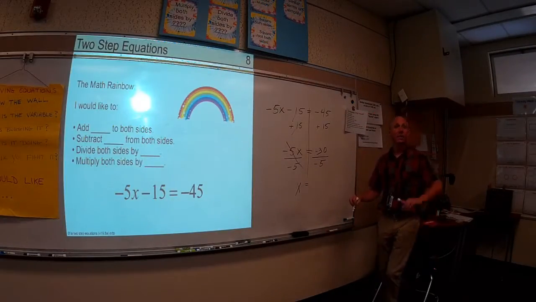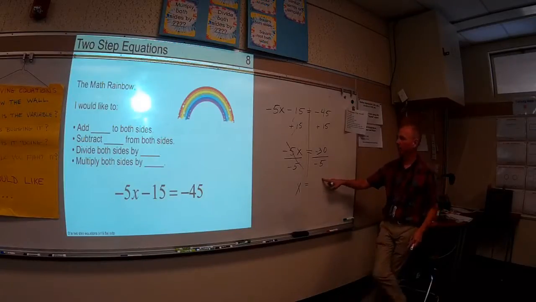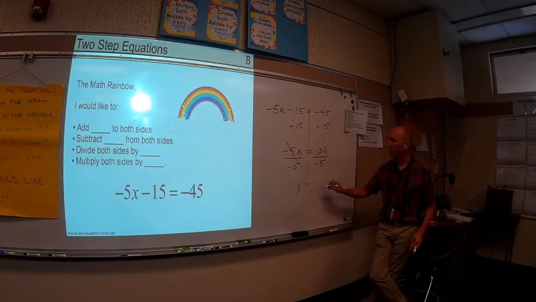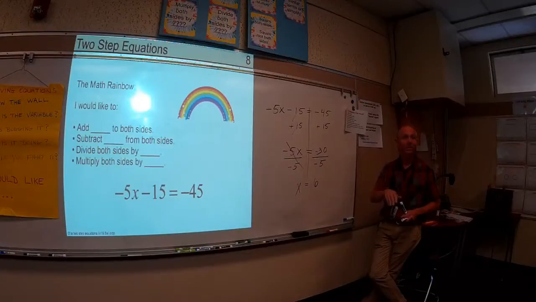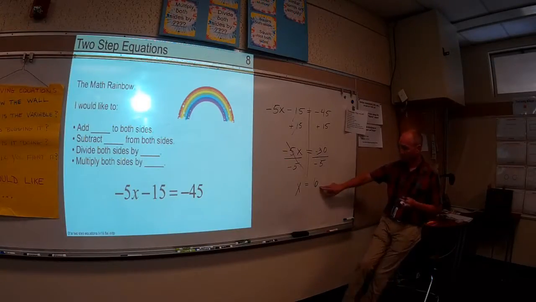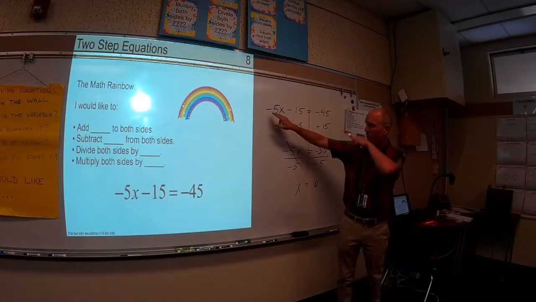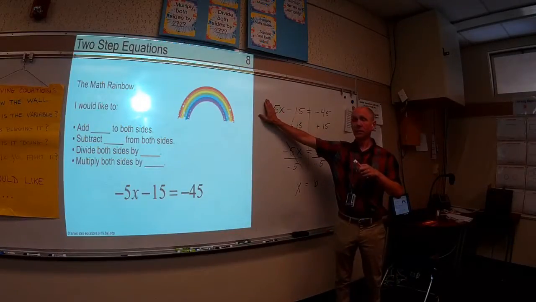All right, JJ. So what does this leave me with? I got 6. What does it mean to be the solution? It means to plug it in. If you plug it in, it will work. Let's see, will it work? If I plug it in, will it work? Okay, JJ. Yes. 5 times 6? 30.